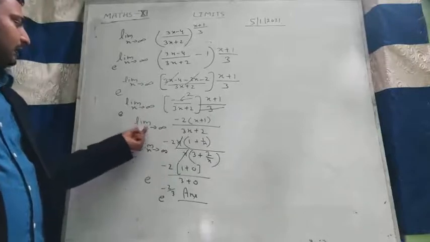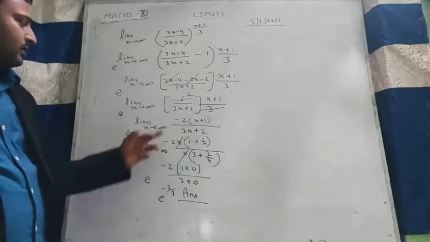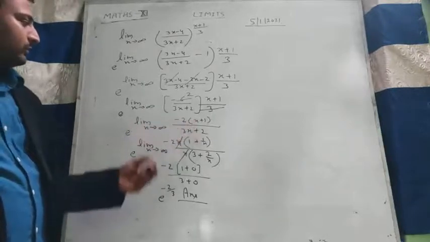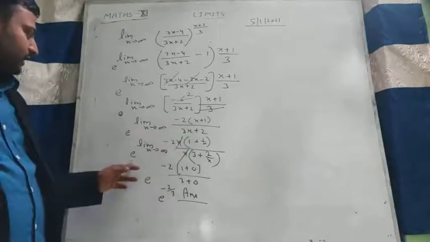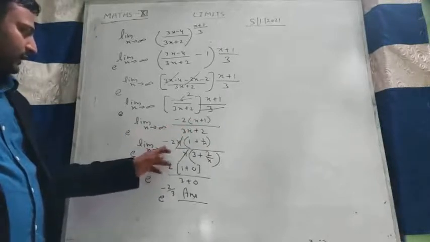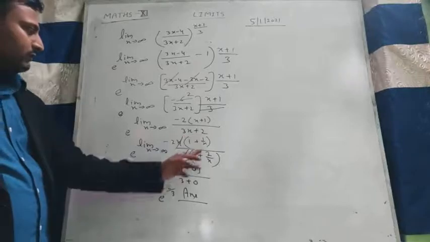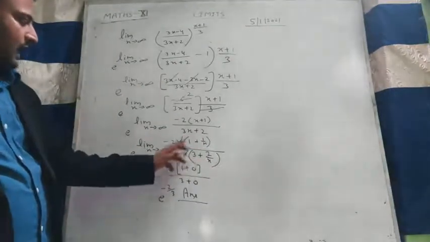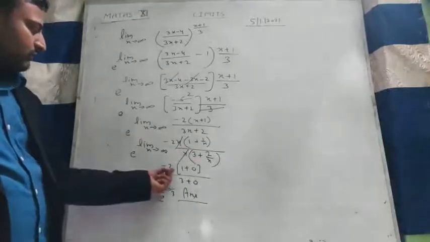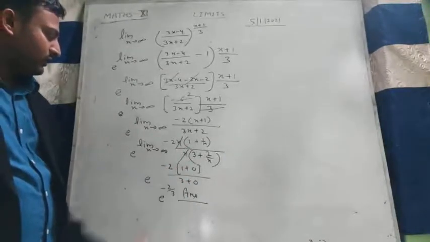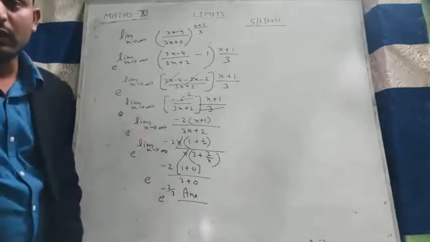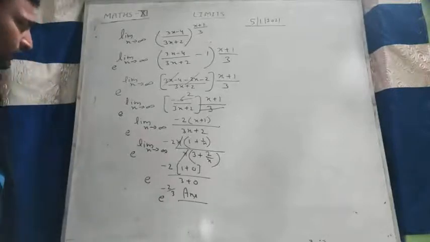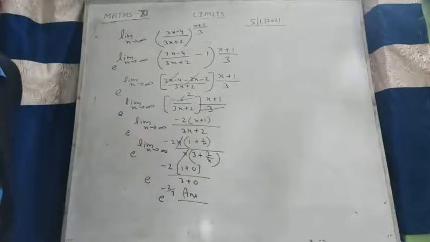Now e to the power limit as x tends to infinity of minus 2 (x plus 1) by (3x plus 2), which is e to the power limit of minus 2 (1 plus 1 by x), and x outside (3 plus 2 by x); x and x reduce, we get minus 2 (1 plus 0) by (3 plus 0), and our result will be e to the power minus 2 by 3. Now we will move to the next question.